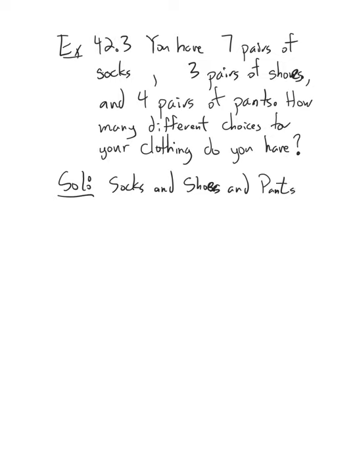So we have 7 choices for the socks, and we have 3 choices for the shoes. So just with socks and shoes, there's 21 different combinations of those. And then I have 4 pairs of pants. So this is 7 times 3 times 4, which is 84 clothing choices.